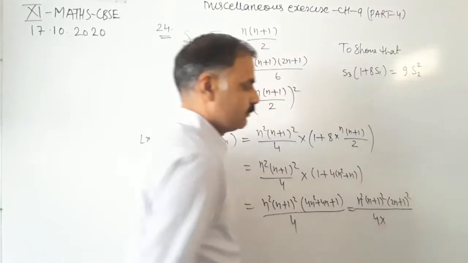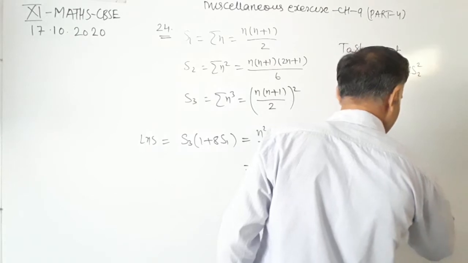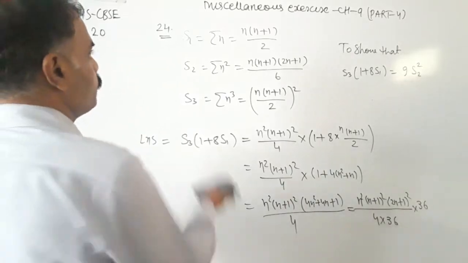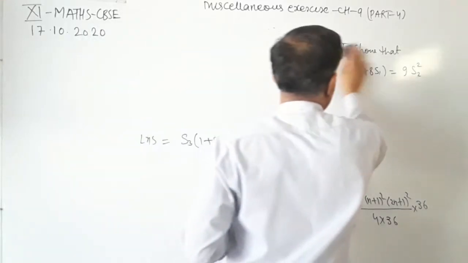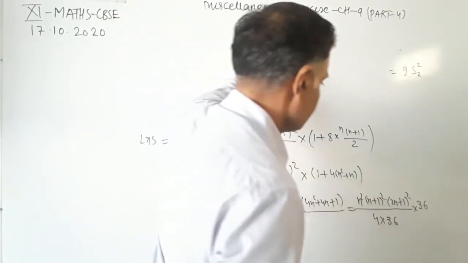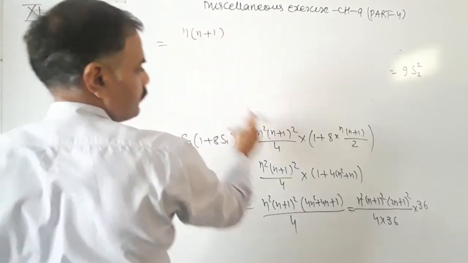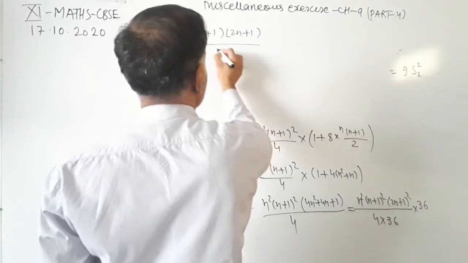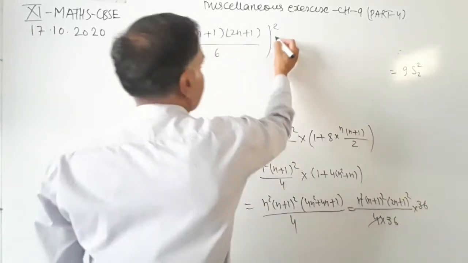Multiplying by 36 in both the numerator and denominator, this can be written as n into n plus 1 into 2n plus 1 upon 6, whole square, and 4 nines are 36, so 9.